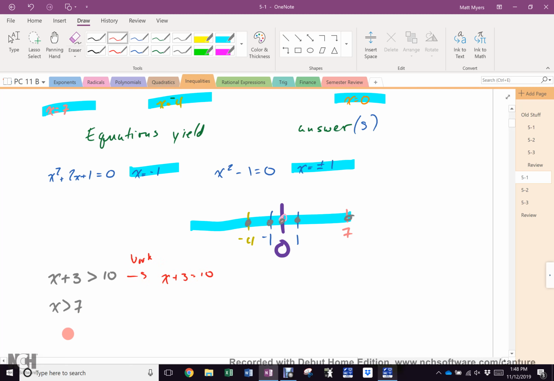Okay. So if we were to put that on a graph, there's 7, yeah? So 7 is the answer to this in red. But we have this in gray, right? So what does that line at 7 do to the number line?